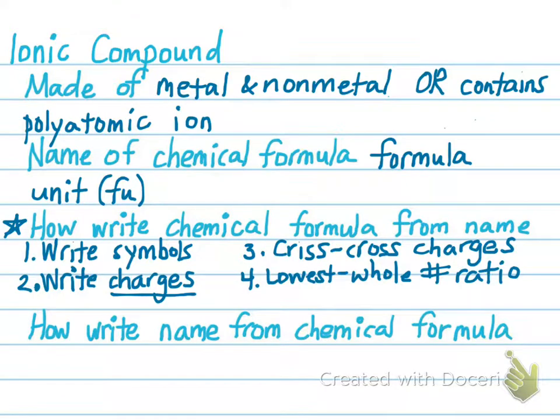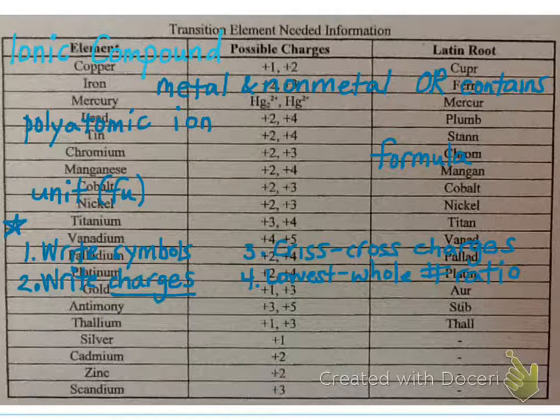So remember, on our helper sheet, you have this information, right, which lists the element name, its possible charges, and its Latin root. You're going to be given that information one of 2 ways. With the stock system, it will be the element's name and a parentheses and a Roman numeral, and the Roman numeral is telling you the charge on that transition metal.